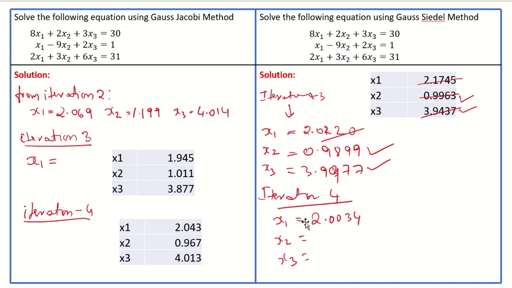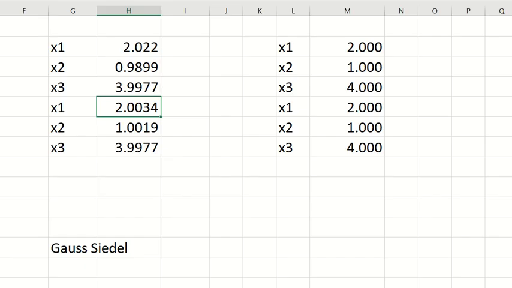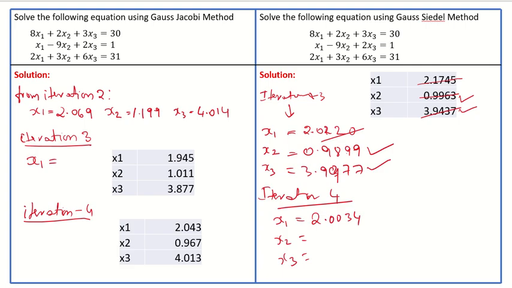Now this x1 and x3 value will be used to find out the new value of x2, and you are going to get it as 0.9999. So this value is updated with 0.9999. You see that this went more nearer to 1.